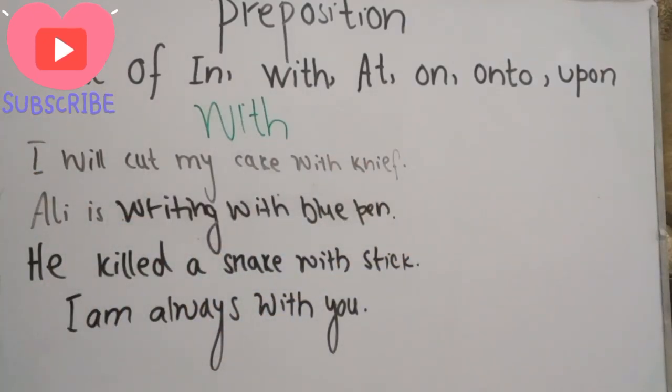The marker was dim, so that's why I am writing again. Ali is writing with blue pen. He killed a snake with stick. I am always with you. So this is also the preposition with.